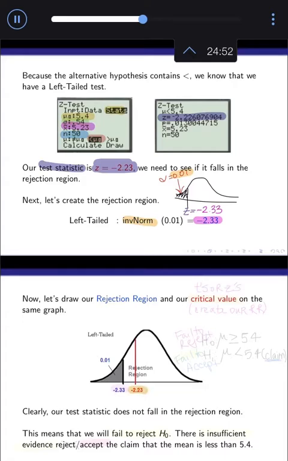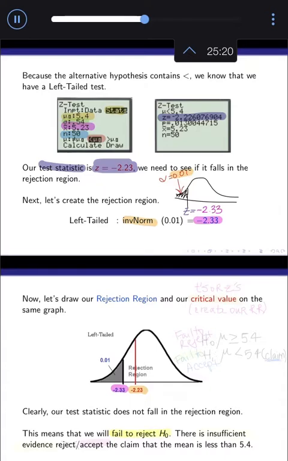The value we just came up with for our rejection region using our alpha and the inverse norm of 0.01 was negative 2.33. So notice the test statistic is not in the rejection region. If it does not fall in the rejection region, that means we're going to fail to reject H naught.